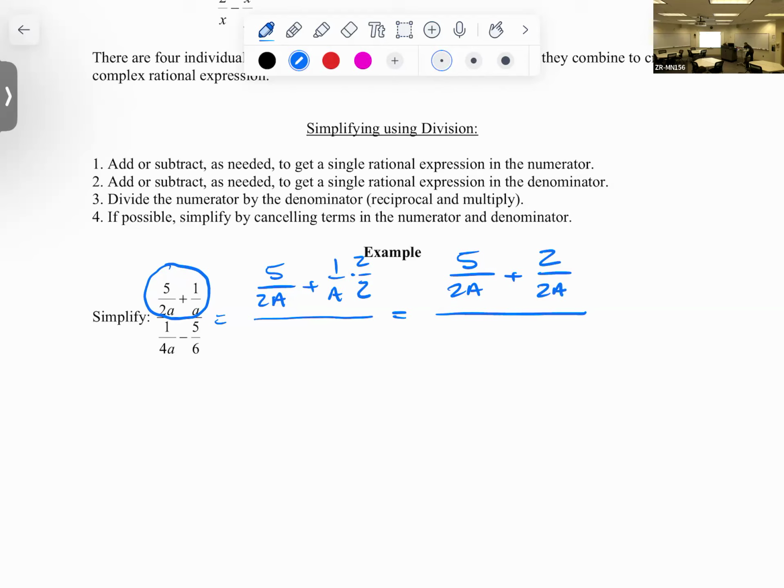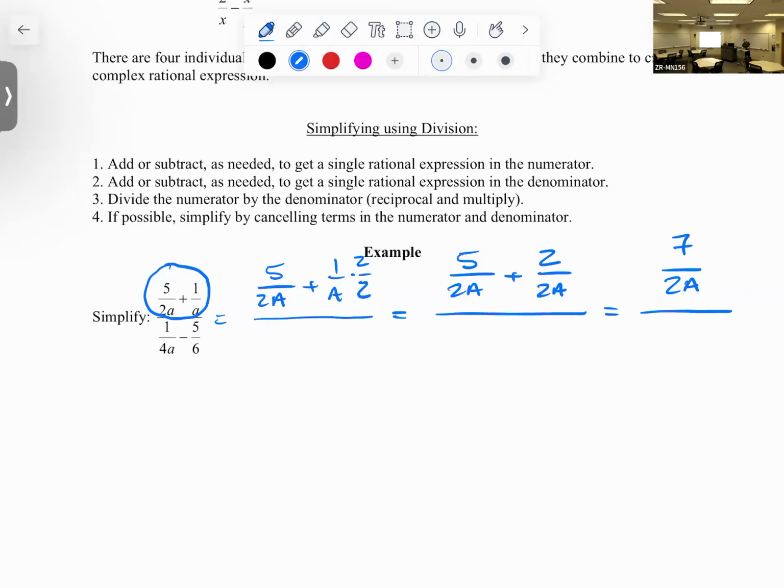Once I have that, I can put it all over one entire fraction, and then it's just 5 plus 2, 7. So that's dealing with just the numerator, completely ignoring what's happened in the denominator.